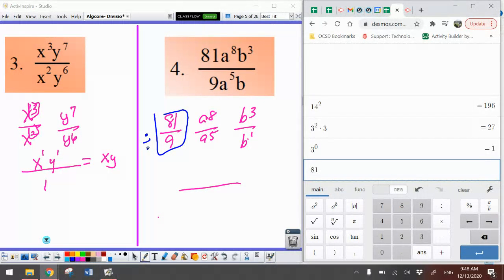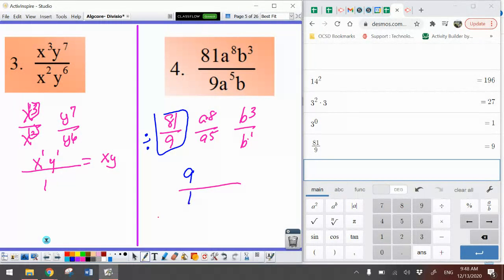So 81 divided by 9 gives me 9, which is technically 9 over 1. Okay, 9 over 1. a to the 8th, a to the 5th, 8 minus 5, that's 3, and they're on top. 3 minus 1, there's 2 on the top. So all of this is over 1, so the answer would be 9a3b squared.